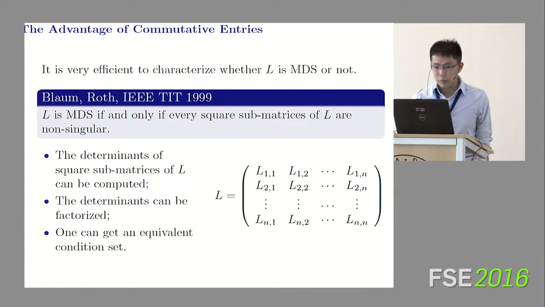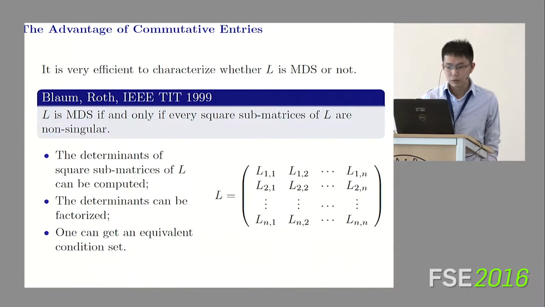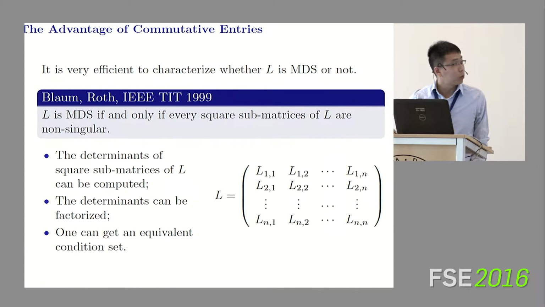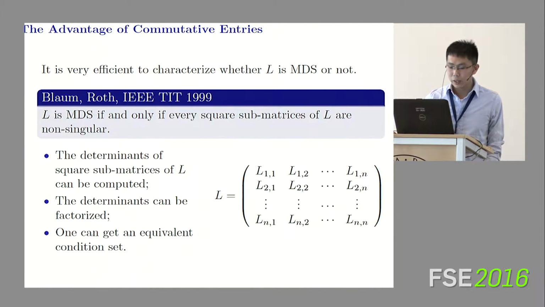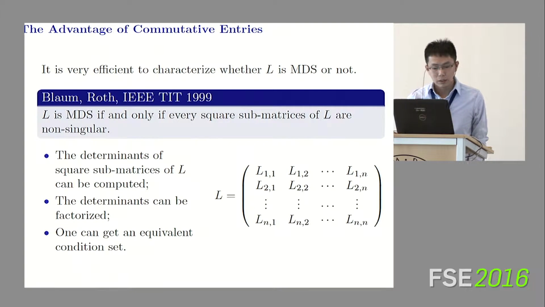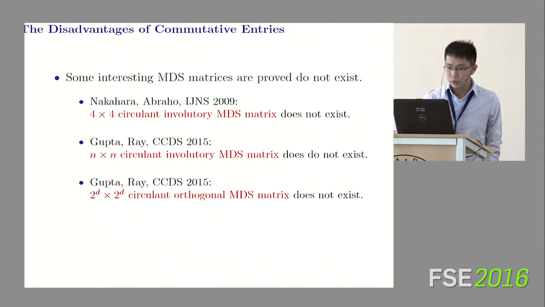When the entries are pairwise commutative, the determinants can be computed from the entries and then factorized into polynomials whose variables are the corresponding entries. Finally, one can get an equivalent condition set on how to choose the corresponding entries.